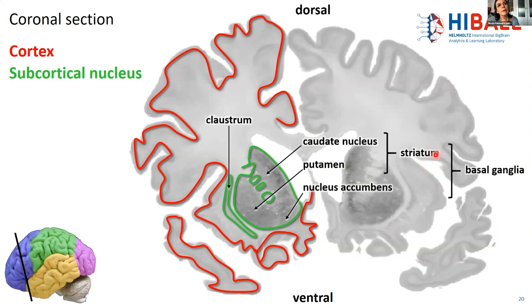It's called striatum because striatum comes from Latin and means stripe. During brain development, the putamen and caudate nucleus are actually together, and then the axons of neurons located in the cortex, mainly in the motor cortex, want to find the shortest path down to the brain stem.